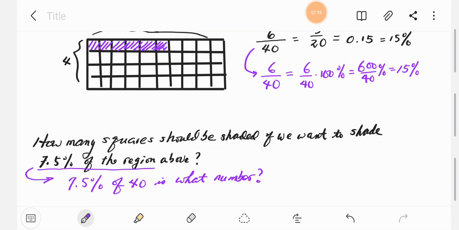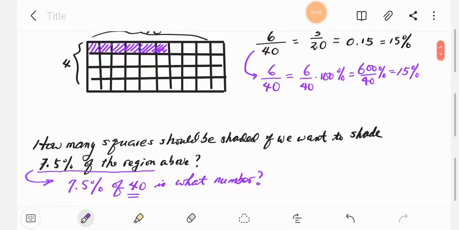So 7.5% of the region means 7.5% of 40. This is important. So the total number is 40. So 7.5% of this 40 should be the number of shaded squares.